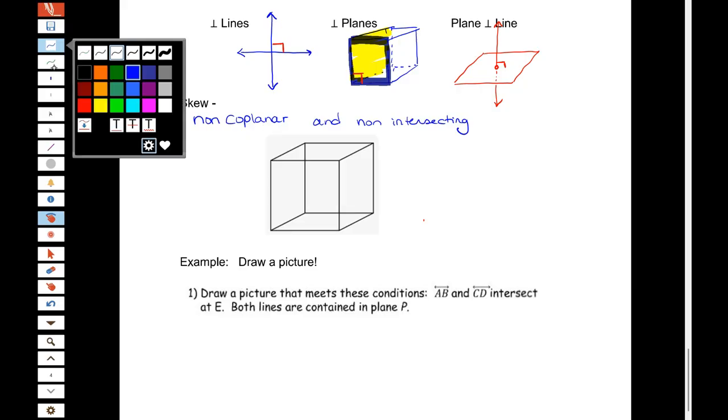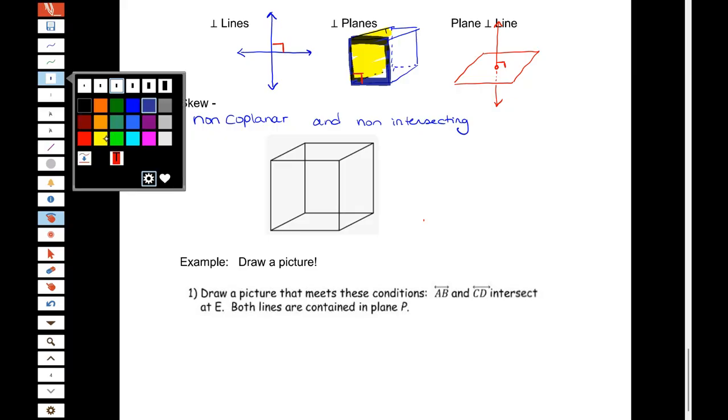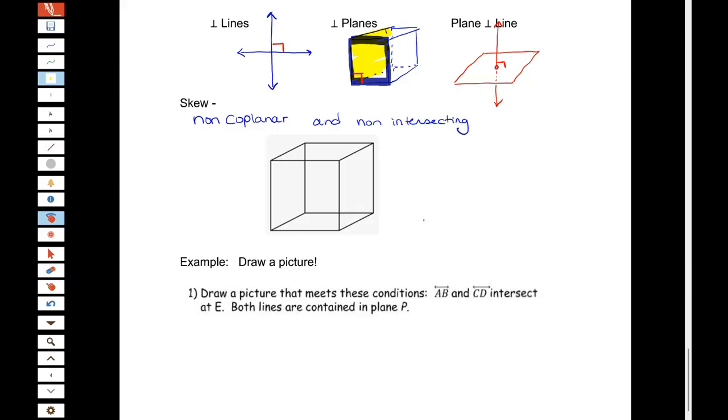And I mentioned that you might be asked to, like on an assessment, highlight a set of skew lines on a cube. So if you look at this edge that's going that way, and then maybe a different one like this one, if this was in 3 dimensions, they would never intersect.